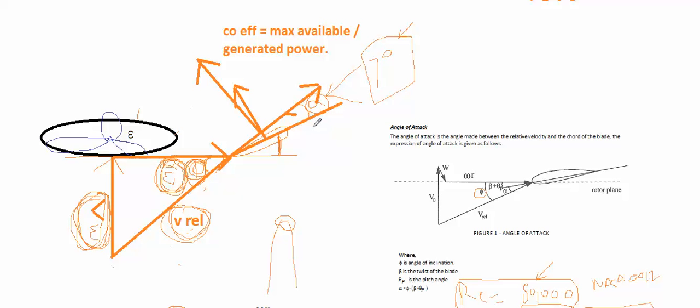That will be covered in the next video. It will become very interesting to observe how it is possible to maintain this angle at 7 degrees. If somehow we can do it, we can assure that we will achieve the best possible coefficient of power.